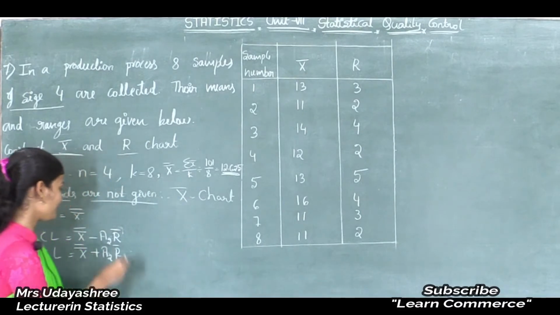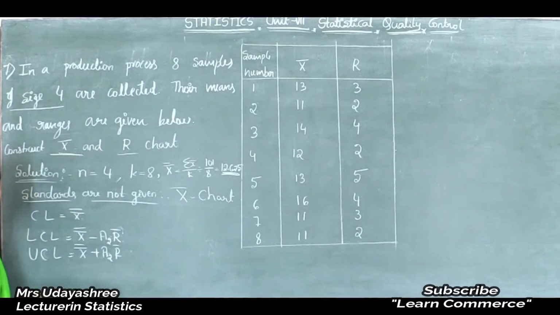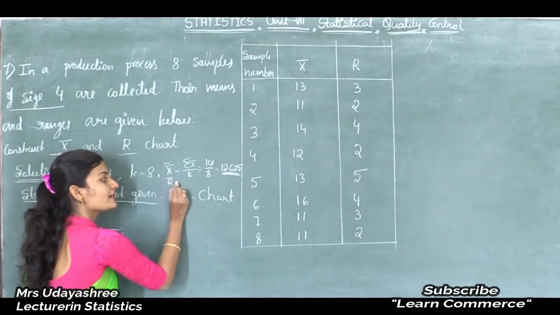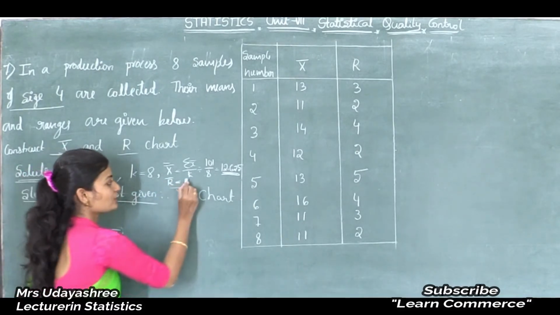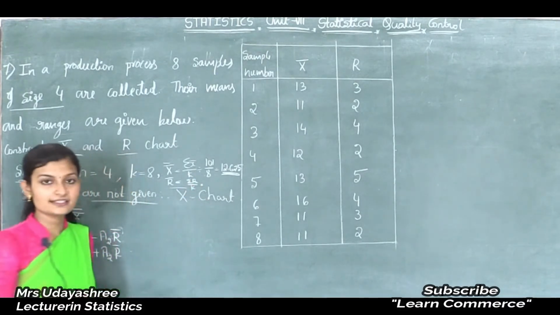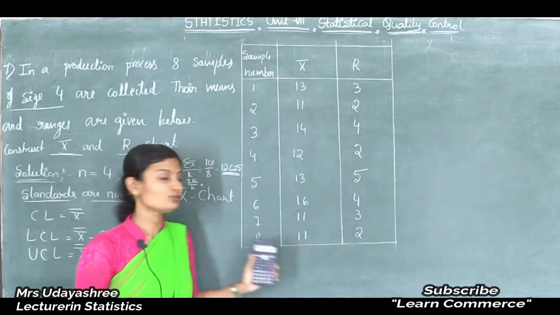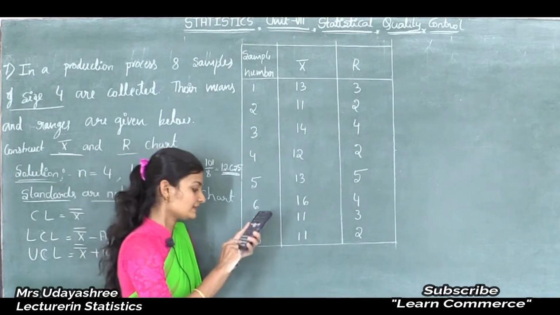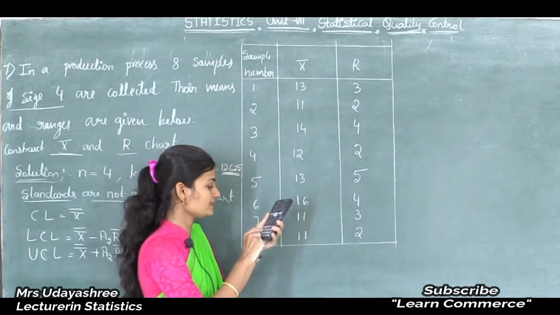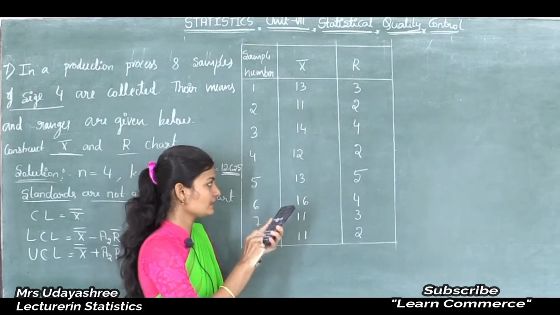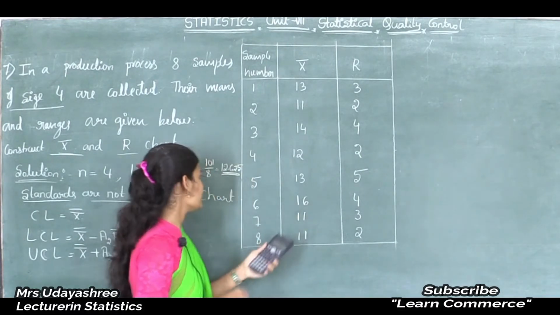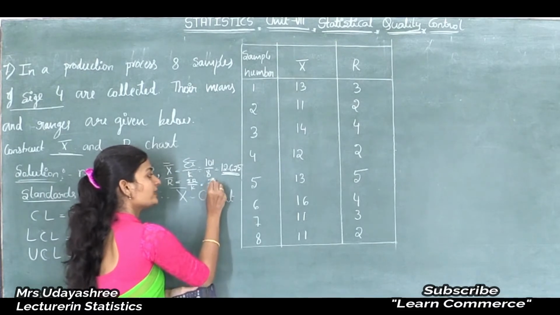Okay, based on this formula, next we need to calculate R bar. See here R observations are there. How to calculate R bar? The formula is R bar is equal to sum of R divided by K. Ranges are given, so sum of R is 3 plus 2 plus 4 plus 2 plus 5 plus 4 plus 3 plus 2, that is 25. 25 divided by 8.